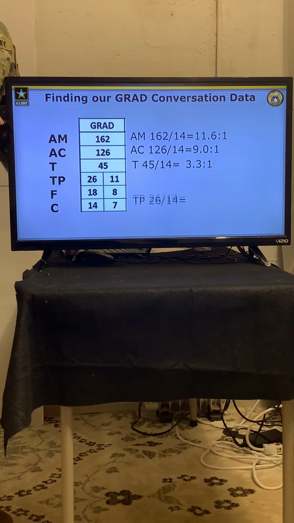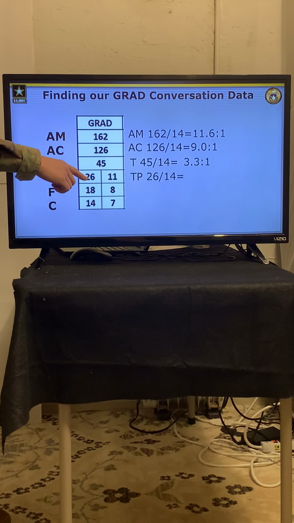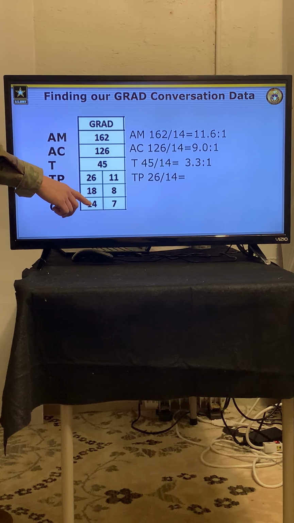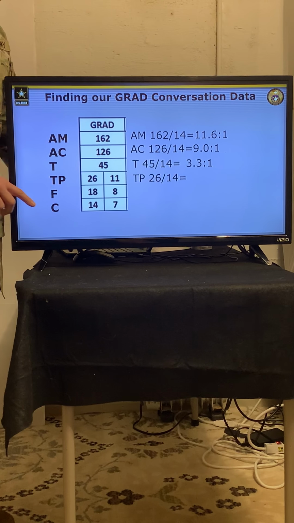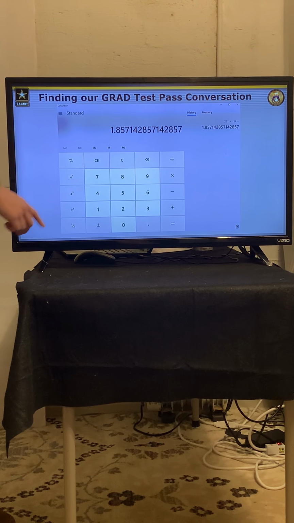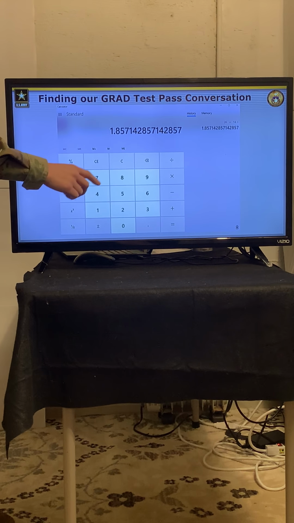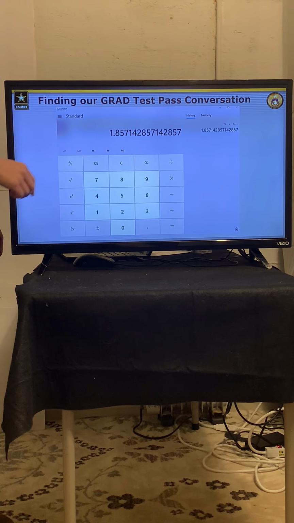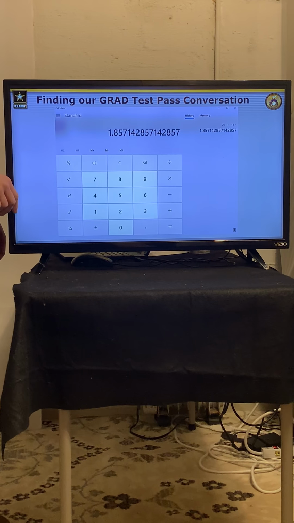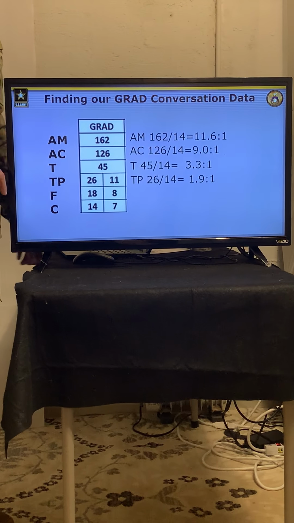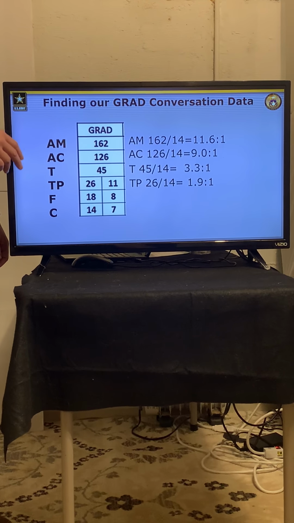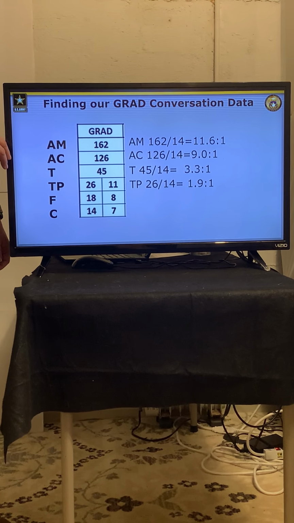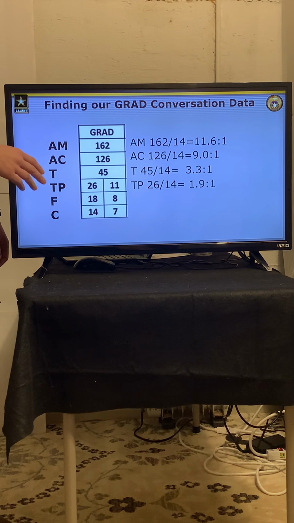Next, we want to go down to test pass. We're going to take our 26 and divide it by our 14. In our calculator, 26 divided by 14 gives us 1.8 continuation. Since there is something past the tenths place, we're rounding that tenths to 1.9, making our answer 1.9 to the ratio of 1.